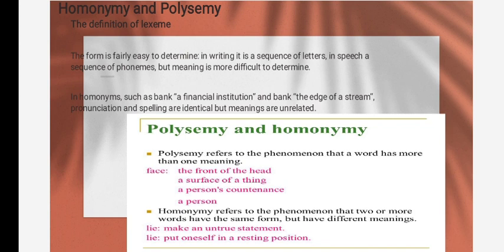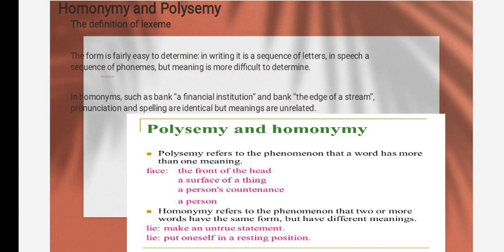Polysemy refers to the phenomenon that a word has more than one meaning. Face: the front of the head, a surface of a thing, a person's countenance, a person.